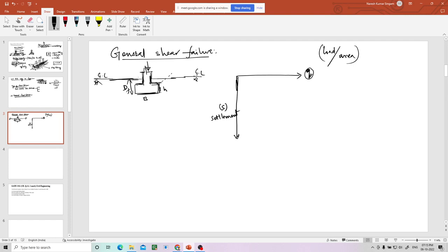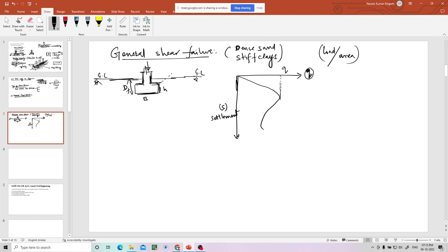Now whenever you start loading it, what happens? General shear failure can happen in dense sand and stiff clays. The response of the footing whenever you apply load in this dense sand or stiff clays, the load settlement curve will be like this.